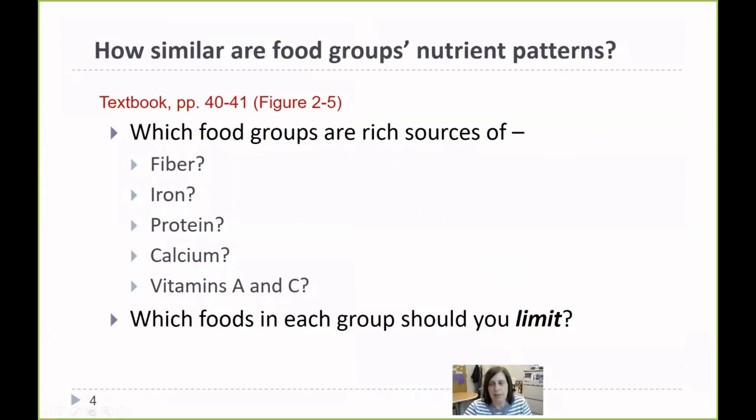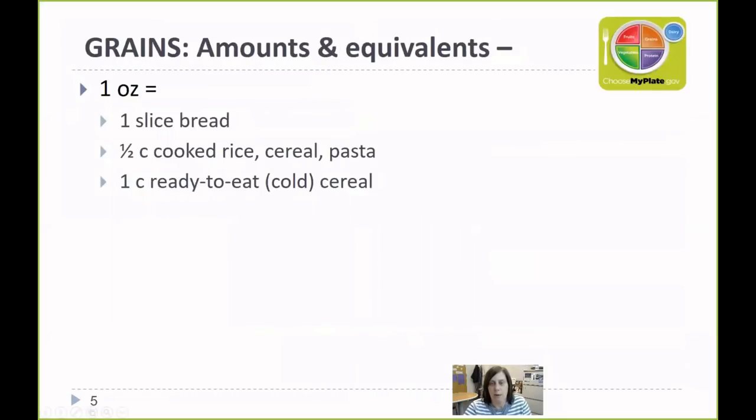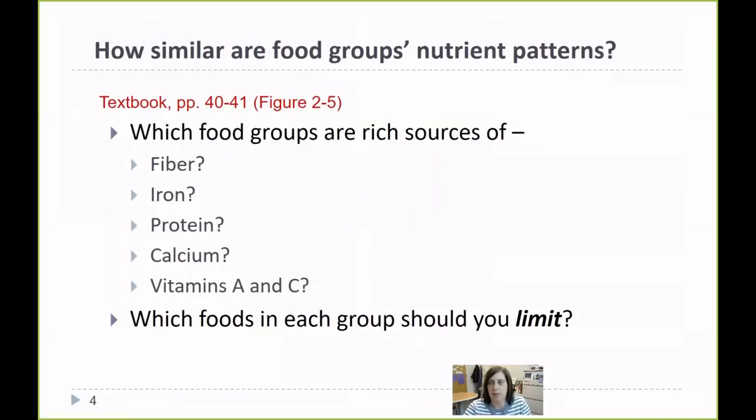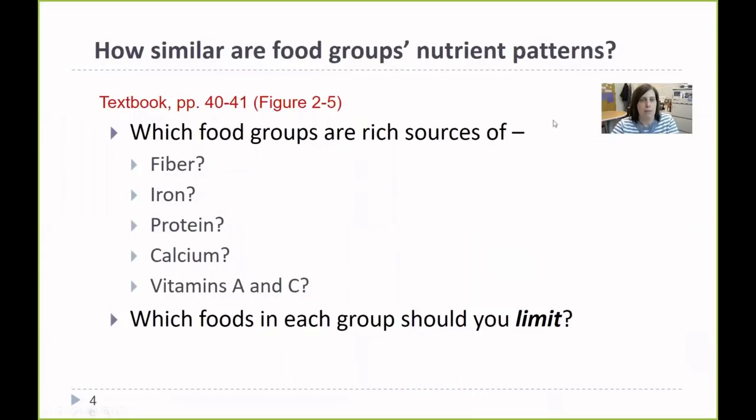So now let me give you a little bit more information about the food groups. But first, as a reminder, this is just a placeholder here for me to remind you to think about which food groups are rich sources of fiber, which ones are rich sources of iron, protein, calcium, vitamins A and C, and which foods in these groups you should limit.